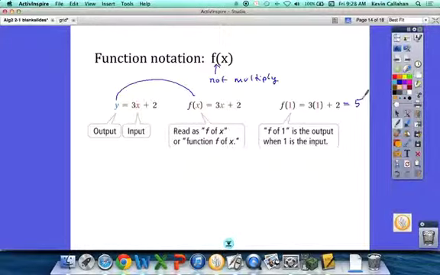That tells you you've got the point on the graph of (1, 5). We input a 1, we output a 5.